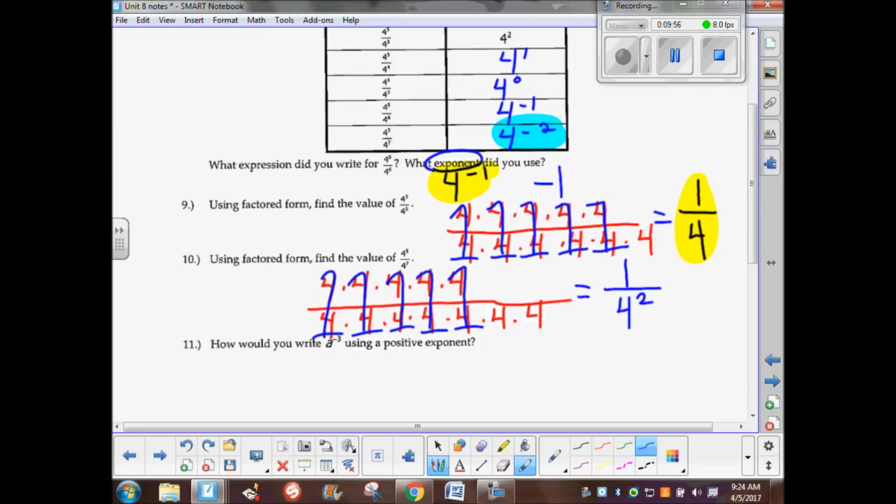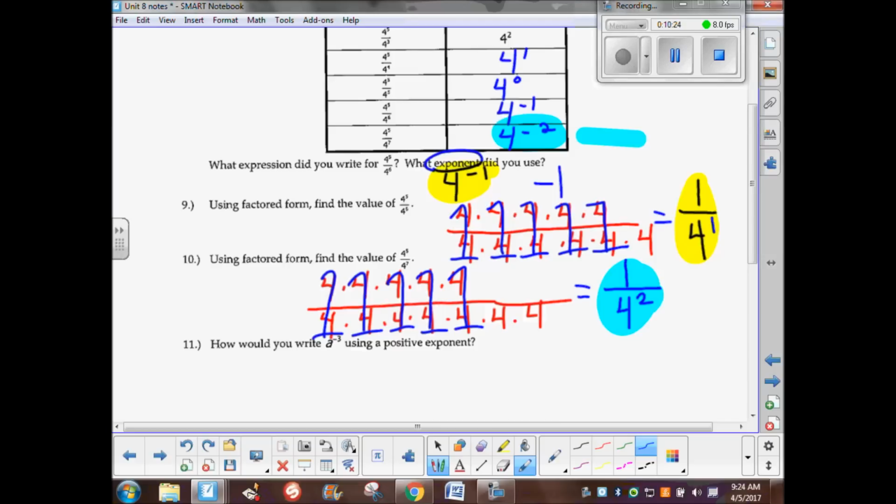So let's talk. In our chart, up here, we said it was 4 to the negative 2. But when we expanded it out, we said it was 1 over 4 to the positive 2. Is anybody seeing any patterns happening?